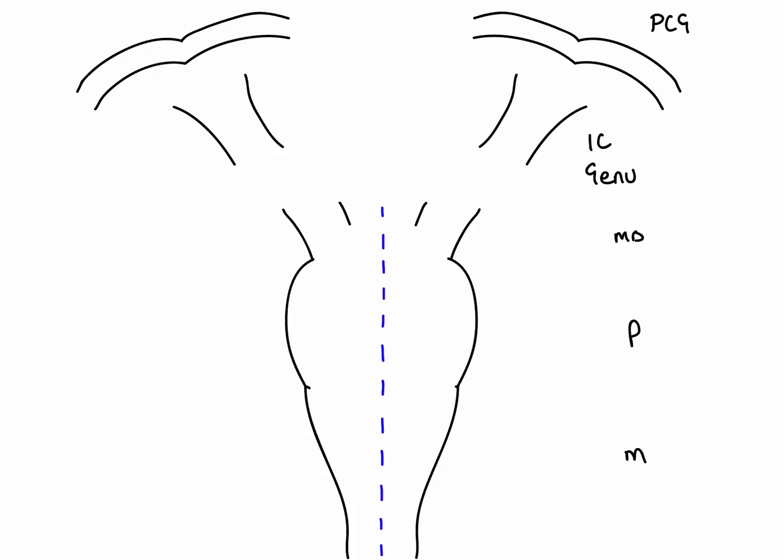that are associated with the extraocular muscles. So we can have the oculomotor nucleus, we can have the trochlear nucleus, and we can have the abducens nucleus. And these are going to be the nuclei that send away those lower motor neurons.